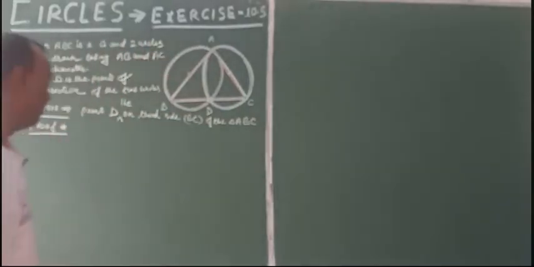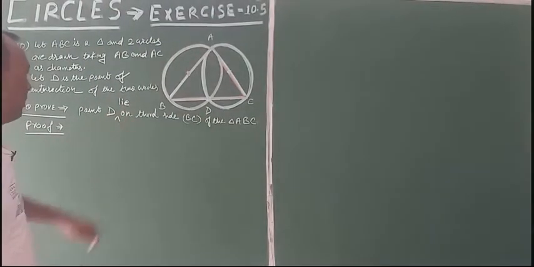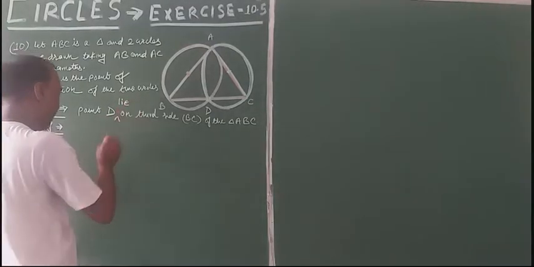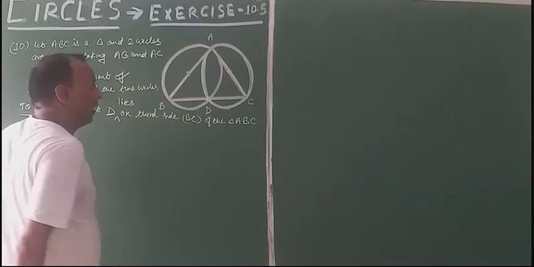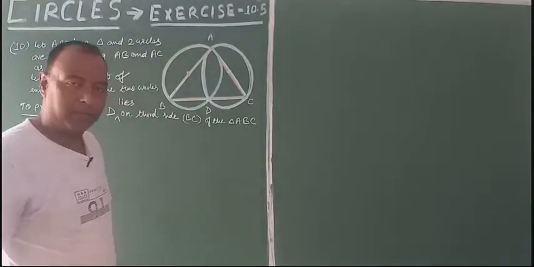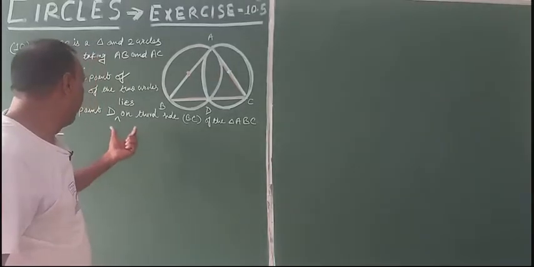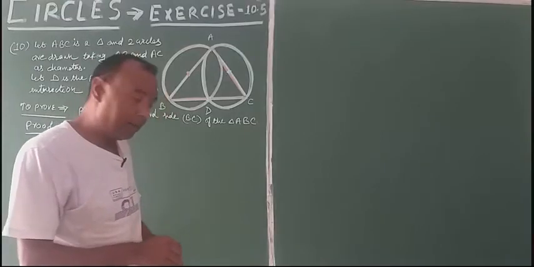What you have to prove is that the point D lies on the third side BC of the triangle ABC.